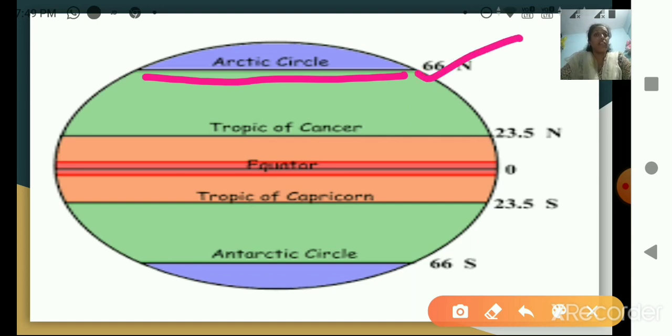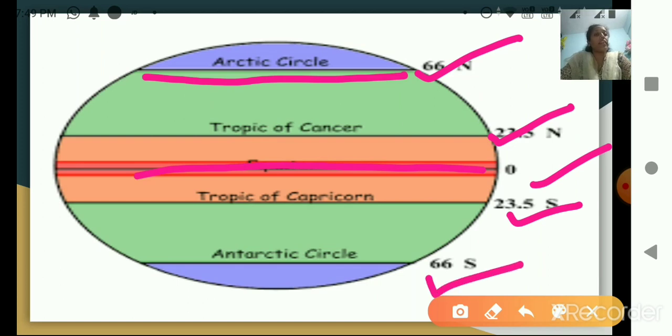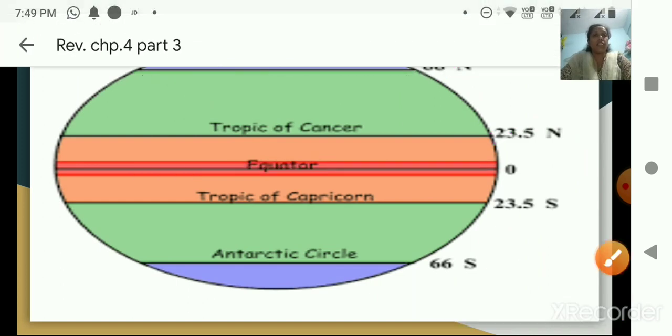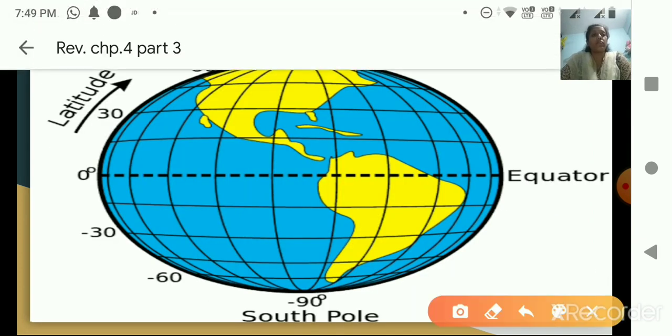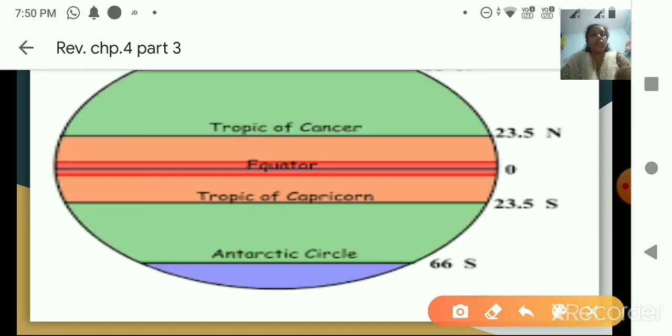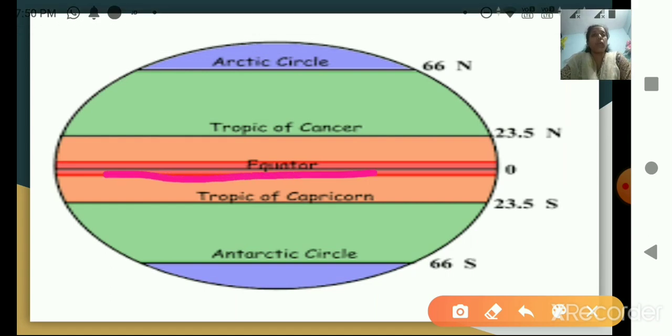Then comes Tropic of Cancer. Here is the equator. Then Tropic of Capricorn, and then Antarctic Circle. So this is the equator.